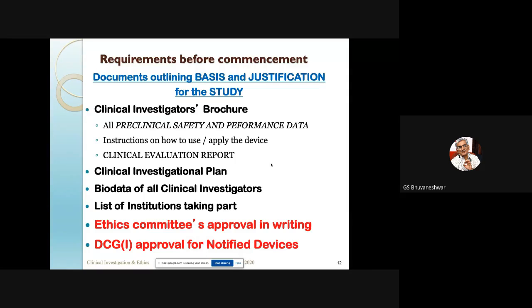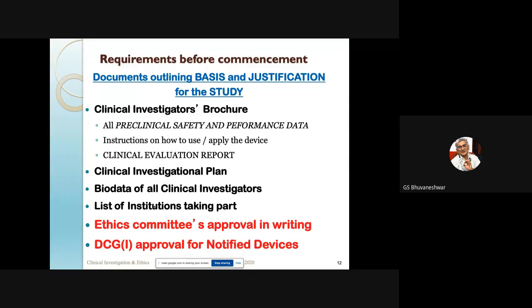You need to attach all biodata of the clinical investigators, showing that you have trained, experienced clinical investigators who can effectively carry out the study. Then a list of institutions taking part, because you have to ensure that the site where the study is done has adequate infrastructure and facilities to carry out the study effectively.